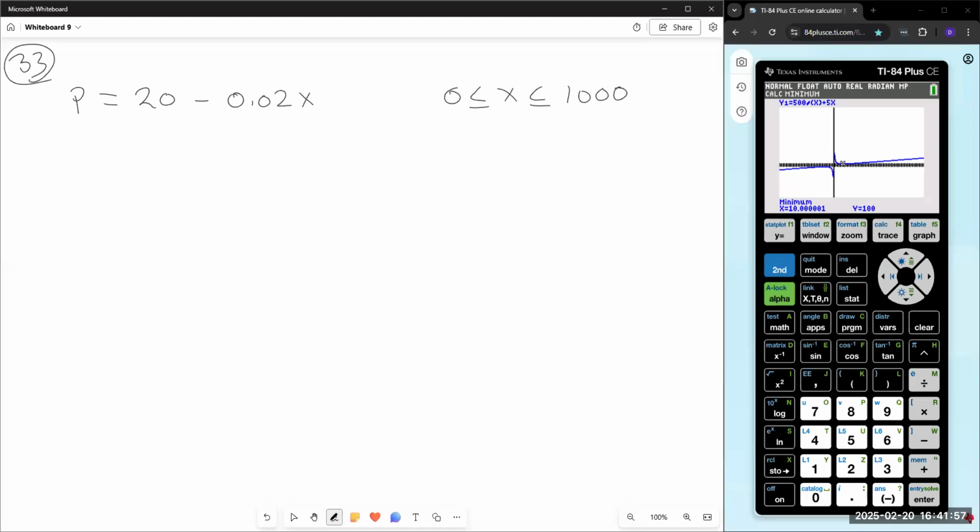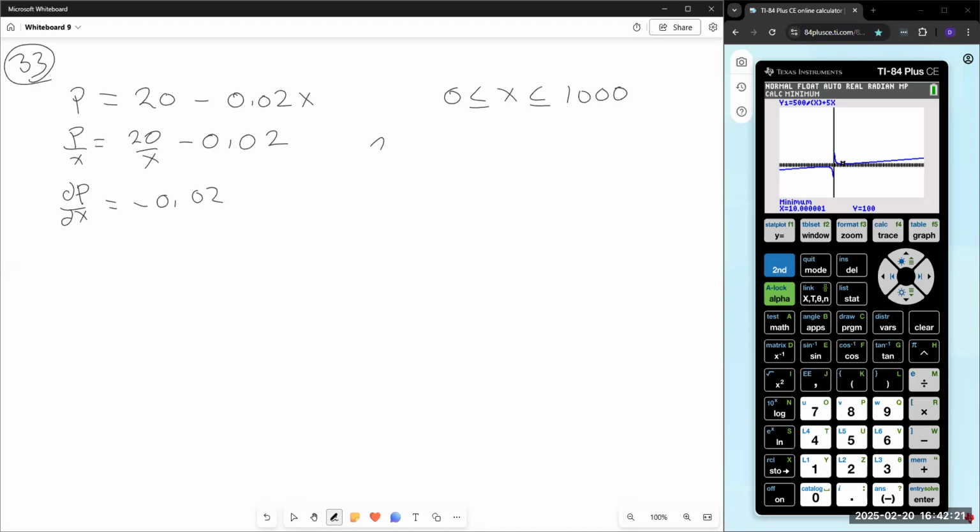So we want to determine when the demand is elastic, inelastic, or unit elastic using our techniques that we've been using so far. So 20 over x minus 0.02 is our p over x, and our dp/dx is negative 0.02.